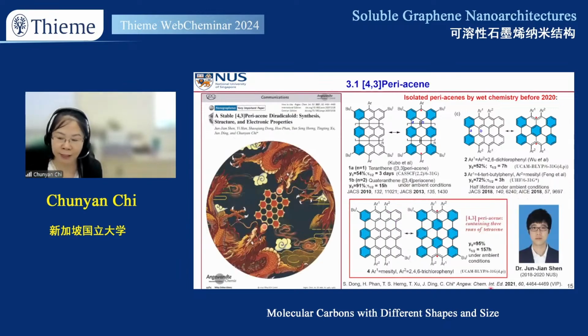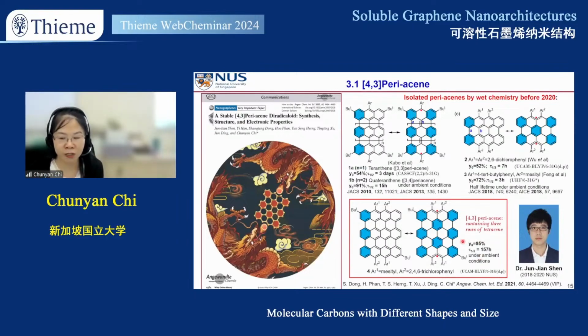In 2021, we made this molecule, a tri-periacene. It contains three rows of tetracene moieties, which are peri-fused together. This molecule has diradical character around 95%, much higher than that of peritetracene, yet it is much more stable than peritetracene. The half-life is around 157 hours under ambient conditions.